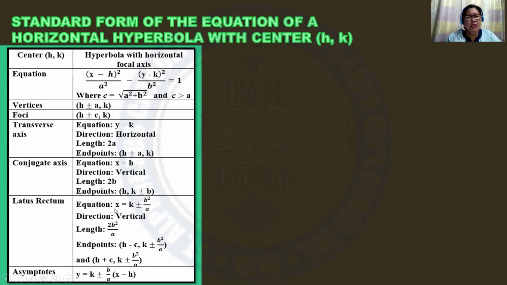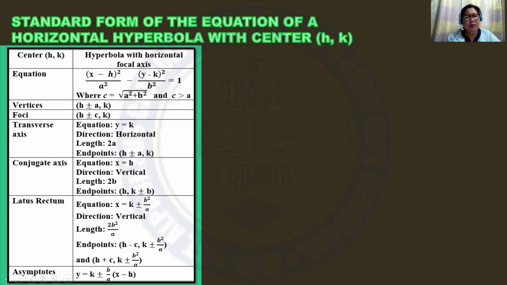Latus rectum equation is x is equal to h plus or minus c. Direction is vertical, the length is 2b squared over a. Endpoints is h minus c and k plus or minus b squared over a. And the other one is h plus c, k plus or minus b squared over a.